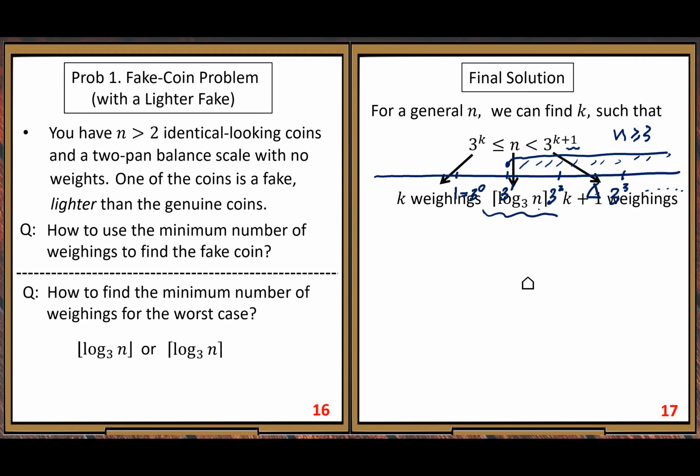But that k plus 1 corresponds to the ceiling function, not the floor function, moving up. Not inclusive here, right? Because if it were inclusive, we would move to the next one. Same pattern.